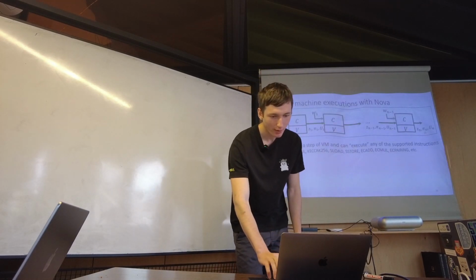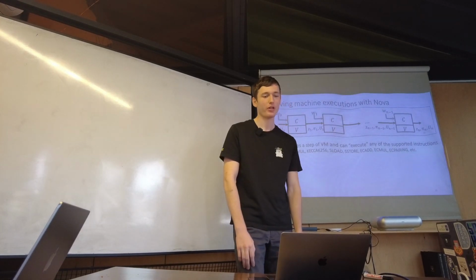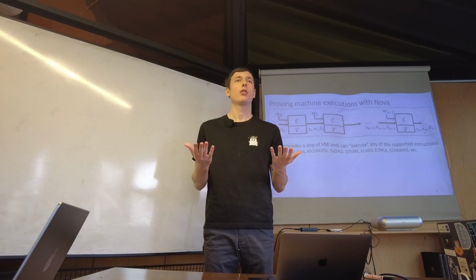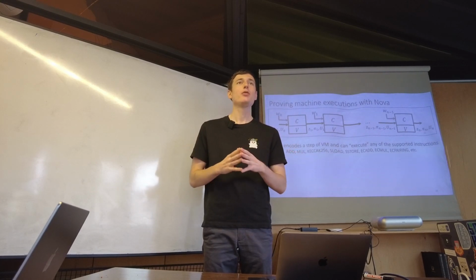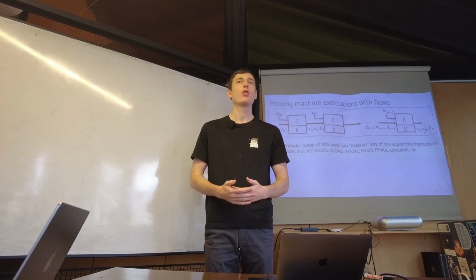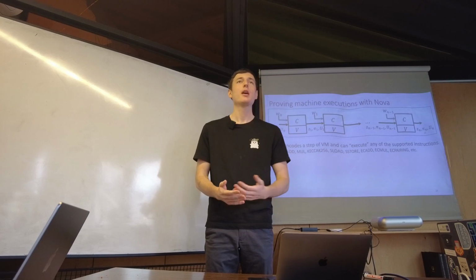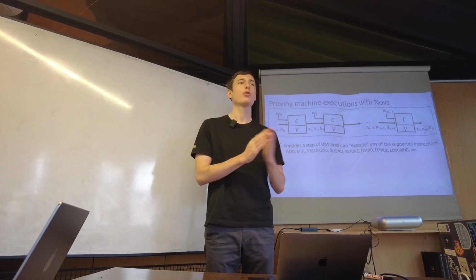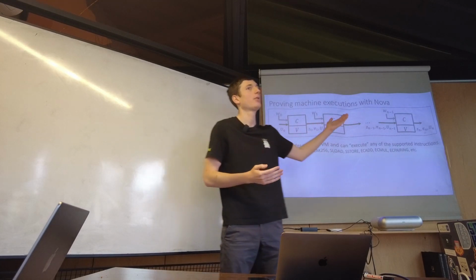So one approach that you could have is, okay, Nova can only fold similar instances, right? You have to have the same circuit all the time. But in your virtual machine, you have a number of instructions, right? If it's a RISC-V, you have a few instructions. If it's the EVM, you have all of the opcodes. And so how do you do that? Well, you have to have a similar circuit all the time.